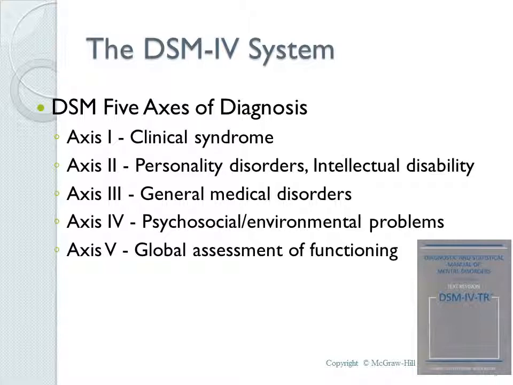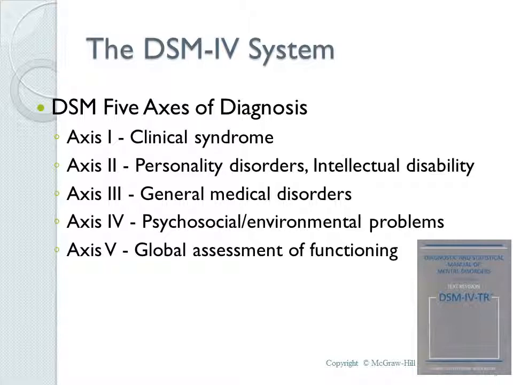The personality disorder is part of you, part of your person. Intellectual disability is something that you'll have for the rest of your life. There are certainly ways to deal with it, but again, these are long-standing problems, whereas something like major depression, which would go on axis 1, is very responsive to treatment.